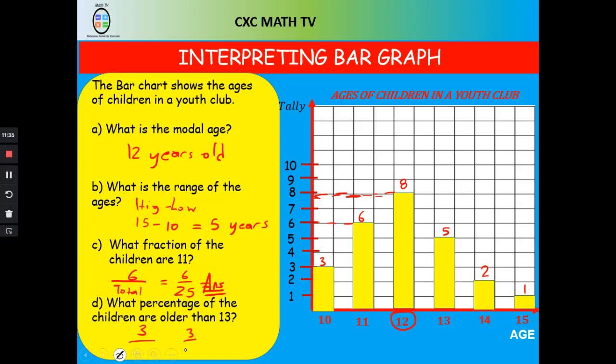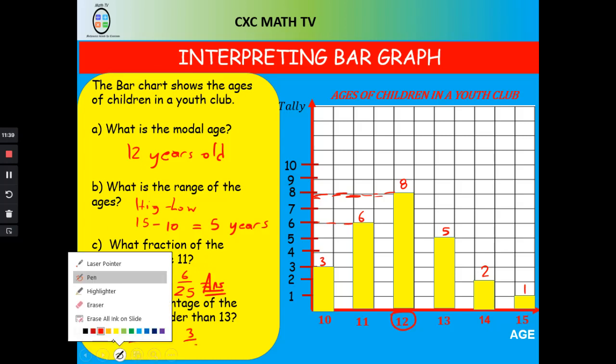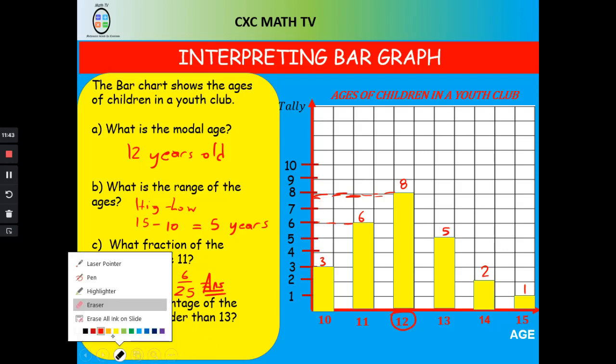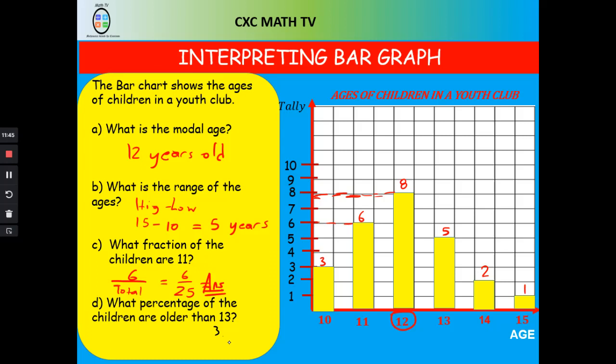All right, so 3 over 25. All right, sorry guys, it's not writing. I don't know why. Let me try again. 3 out of 25 times 100, and that is 12%. So 12% of the students are older than 13.